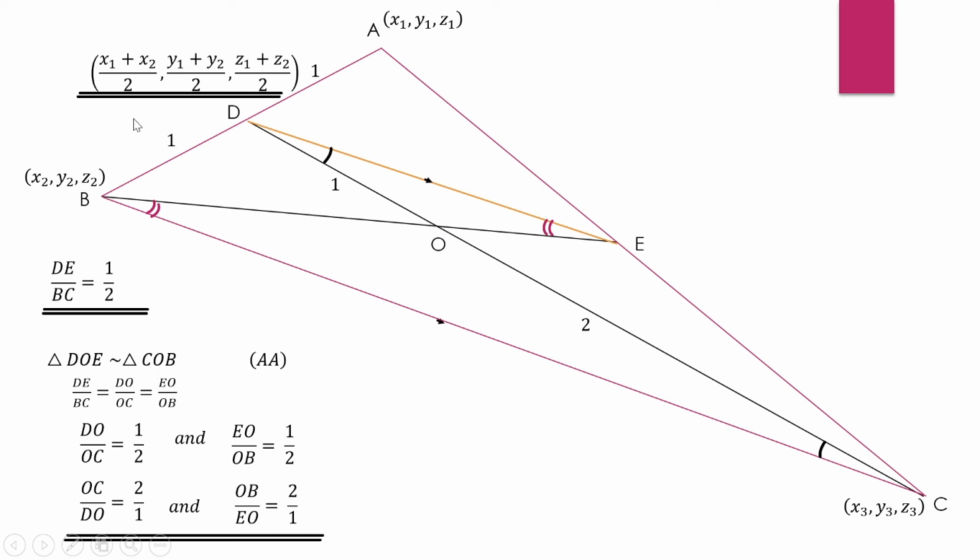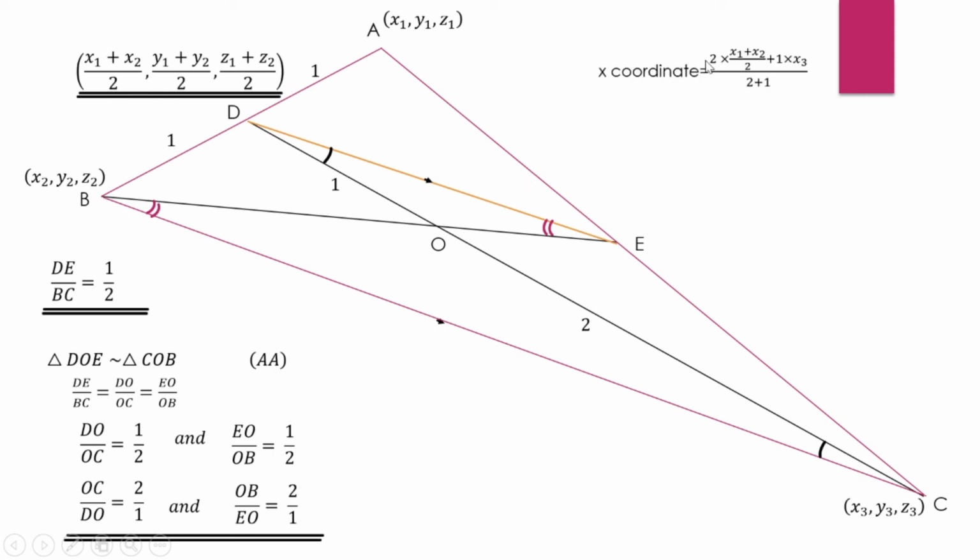Let's focus on the x coordinate. So the x coordinate is going to be 1 into x3 plus 2 into the x coordinate here, over m plus n, which is 2 plus 1. Like this.